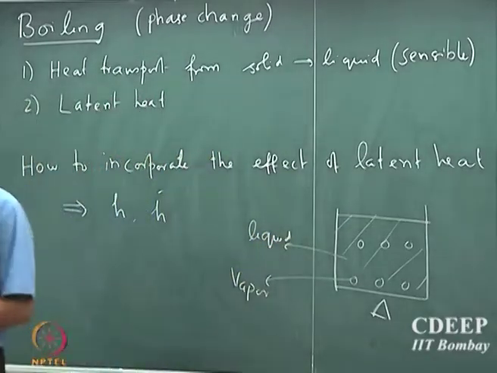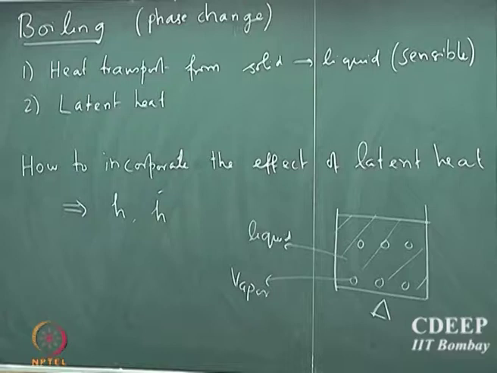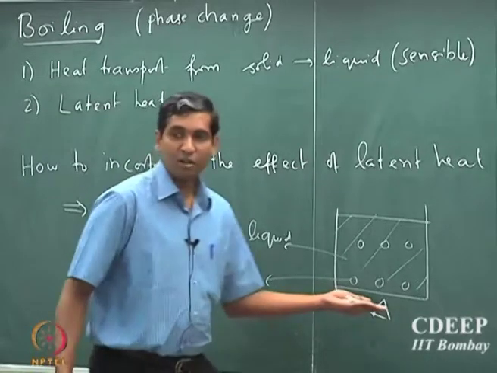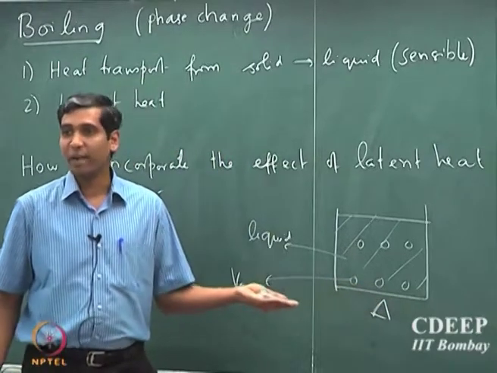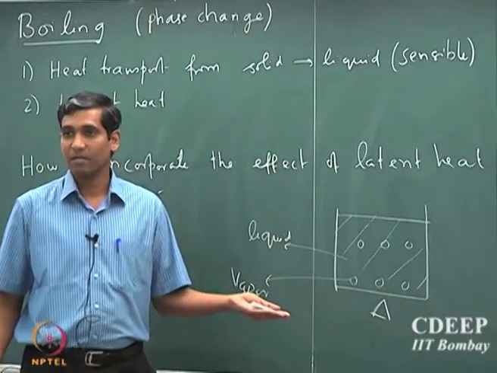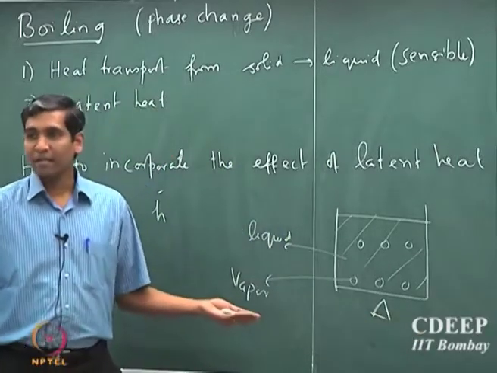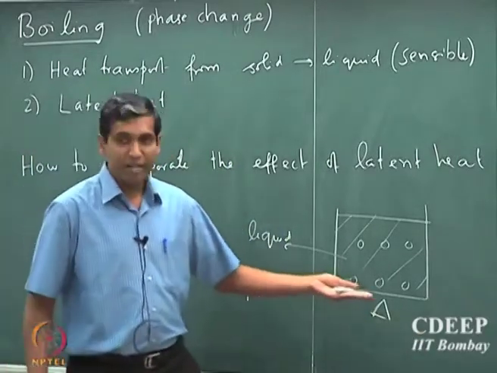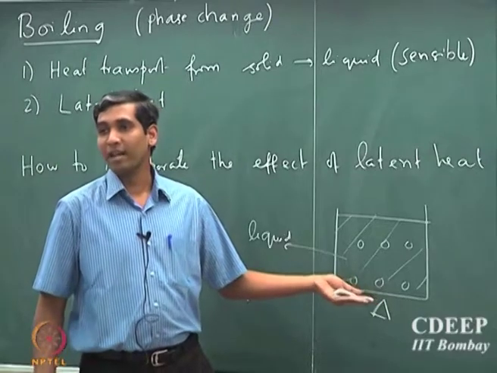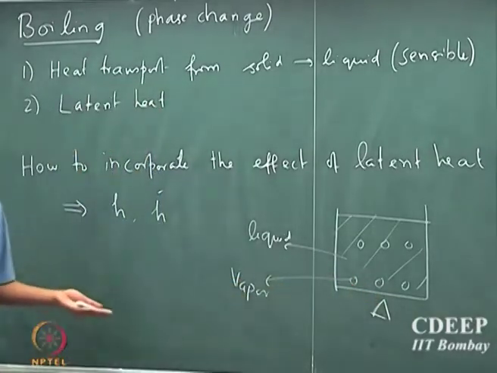So the net amount of heat that is transported depends upon what fraction of this fluid is going to be in the vapor state. So we will now have to incorporate the extent of vapor which is formed inside this beaker in our heat transport calculation.